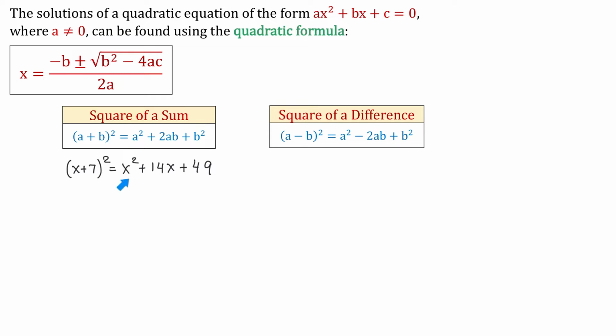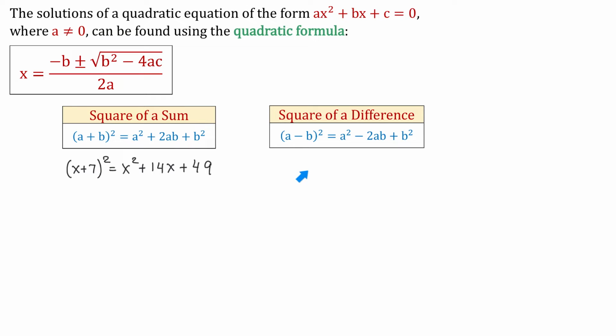So we get x squared by raising the first term to the second power. Then to form the second term, we need to multiply 2 by a and by b. So if we multiply 2 by x and by 7, we will get 14x. Then we get 49 by raising 7 to the second power.